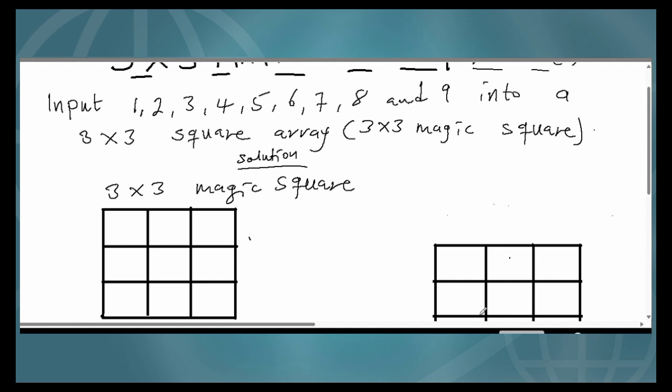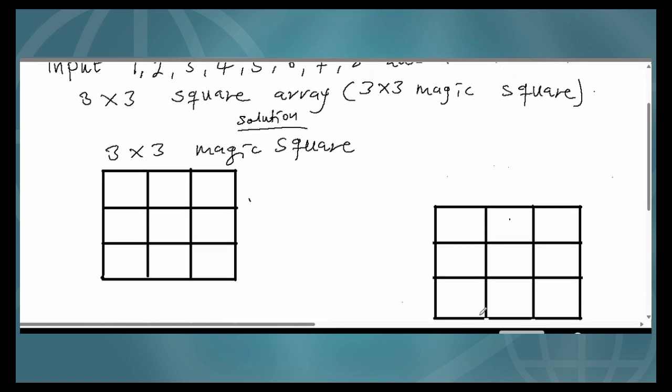If you're talking of a magic square, then when you're done filling the entries with the inputs given to you, when you sum the rows, each of them, you should get the same constant sum. And the columns, you should get the same constant sum, and it should be the same as that of the rows.